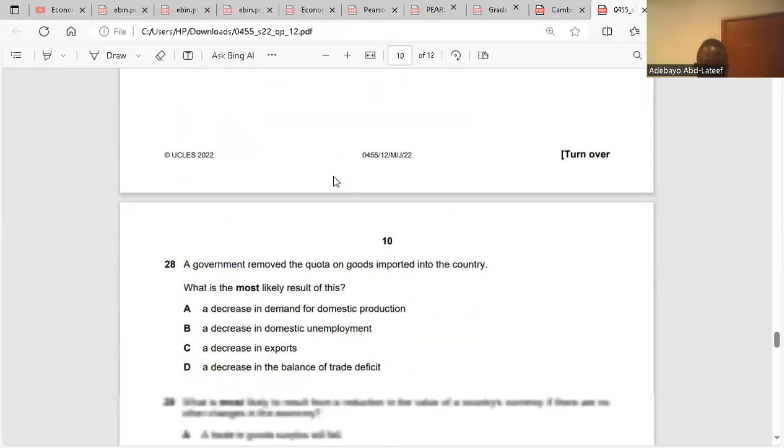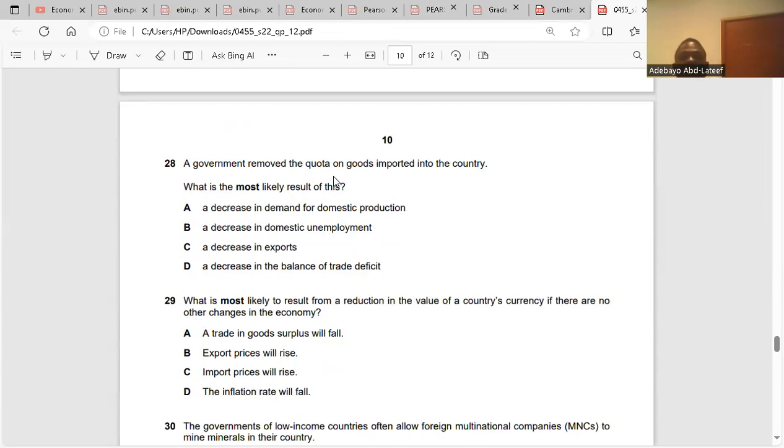Question 28. A government removed the quota on goods imported into a country. What is most likely to result from this? If quota on imports is removed, that encourages importation. And if importation is encouraged, it might reduce the consumption of domestic goods.